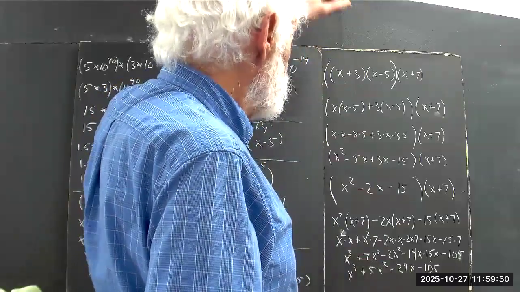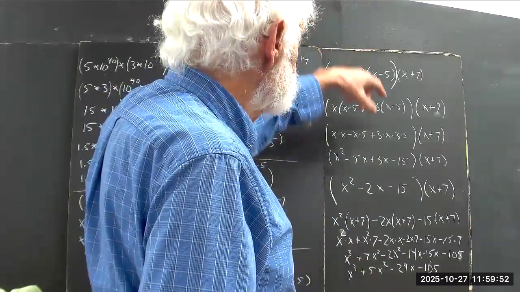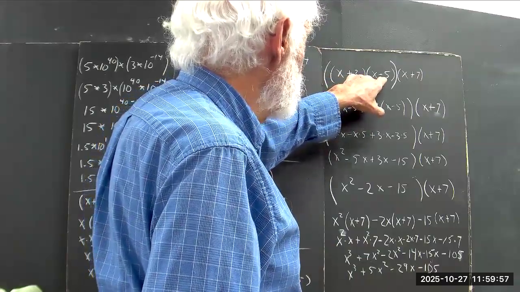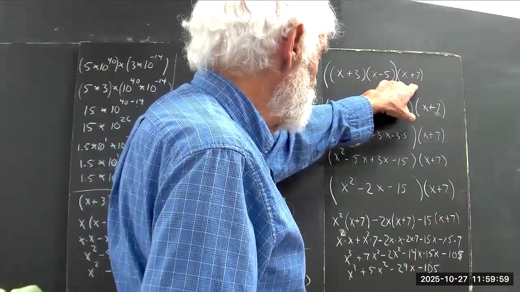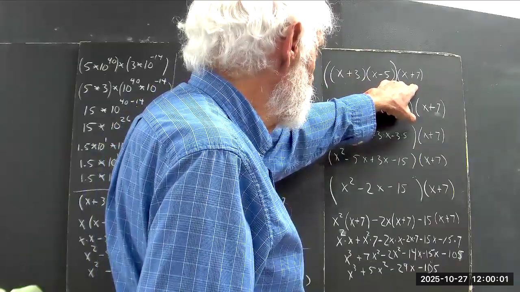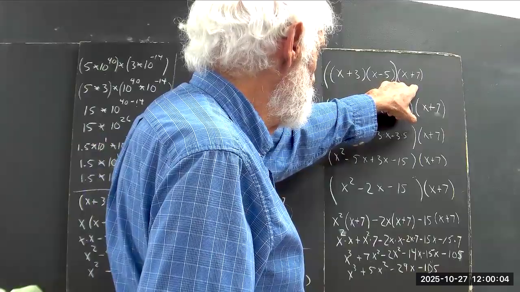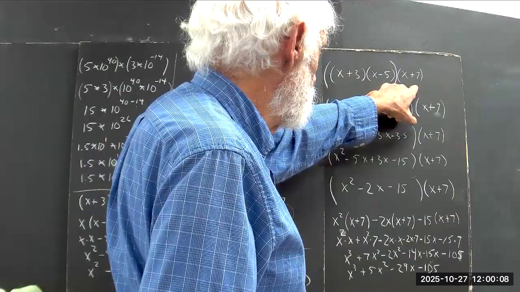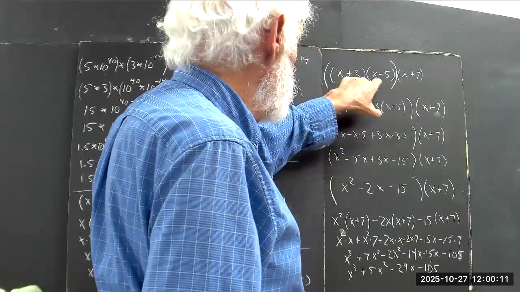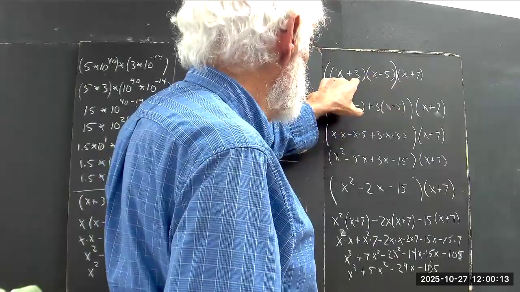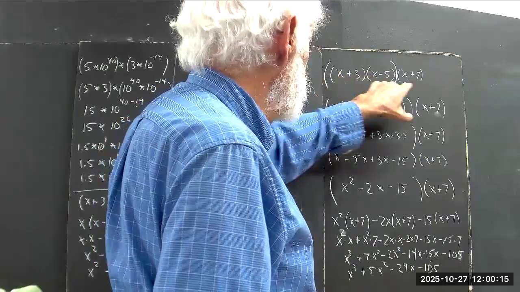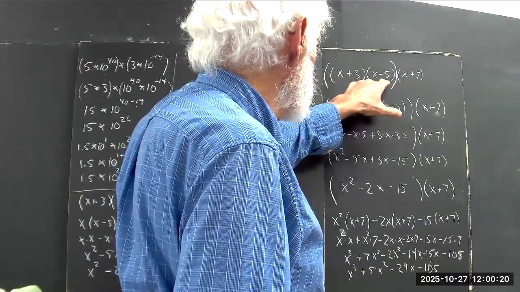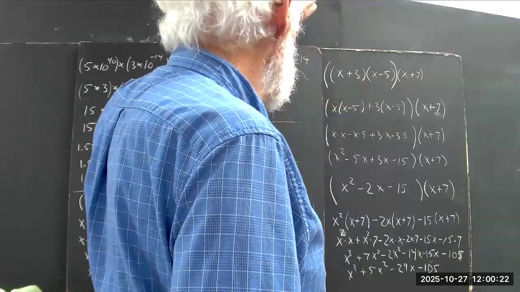If I go back to the original, I've got an x times a negative 5 and a 7, which is, okay, well, that's negative 35x. And this x is times a 3 and a 7, that's 21x. And this x is times a negative 5 and a 3, which is negative 15x.